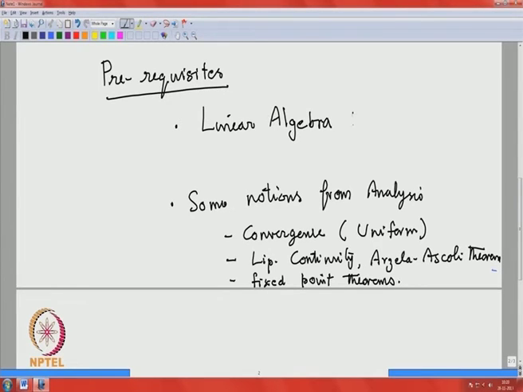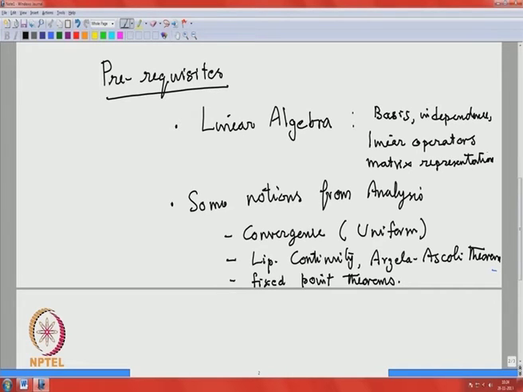And in linear algebra, notions like basis, independence, and you also need to know concepts like linear operators, matrix representation, concepts like eigenvalues and things like that.